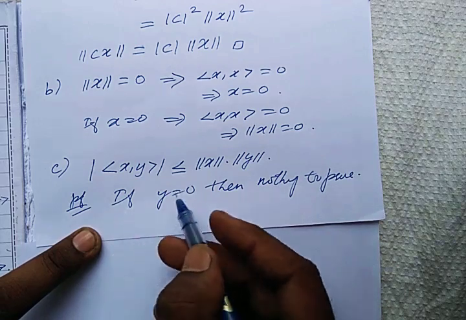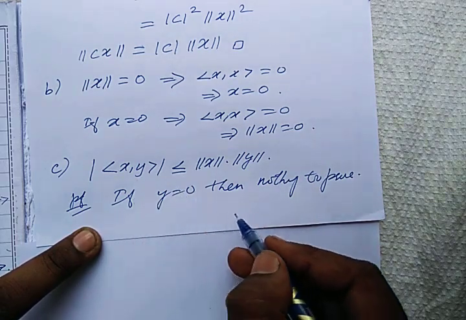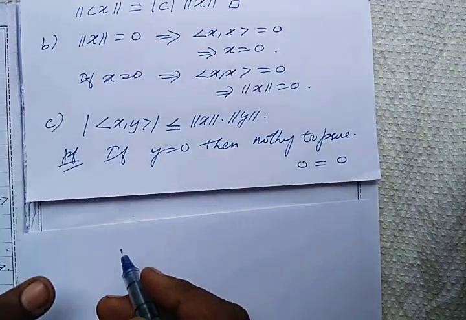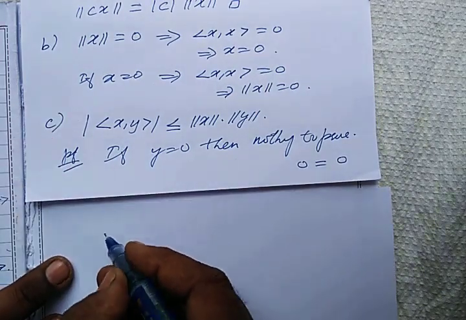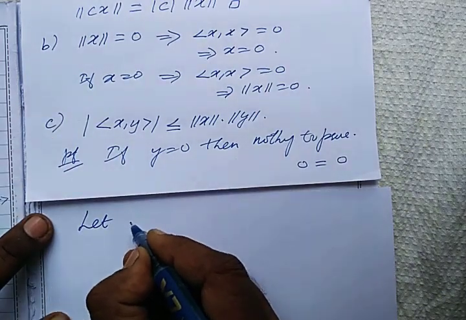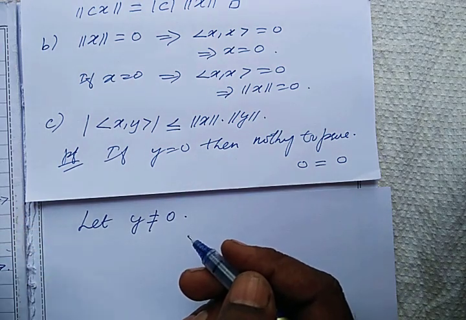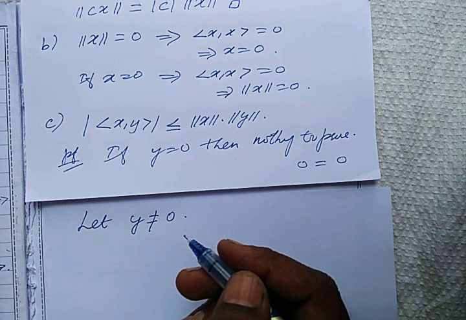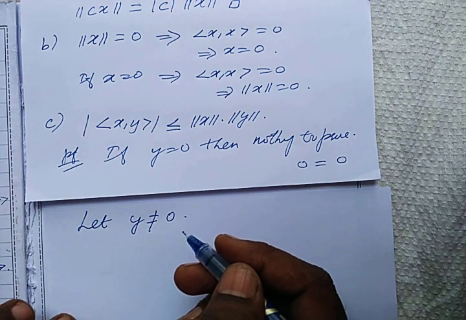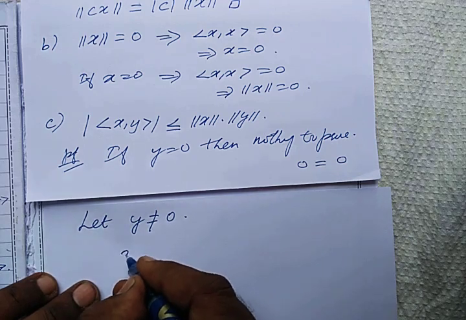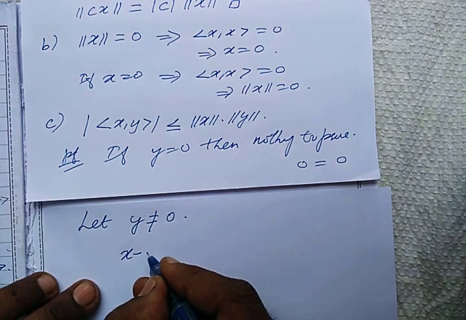Obviously, if y is equal to 0, left hand side is 0, right hand side is also 0. So let y be a non-zero vector. So consider x minus cy.